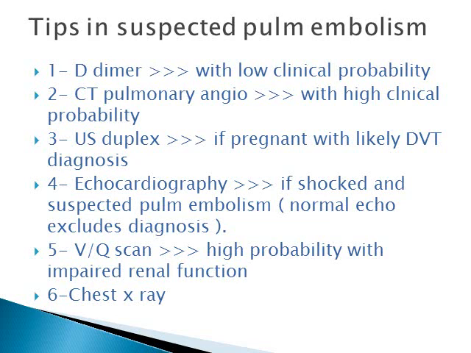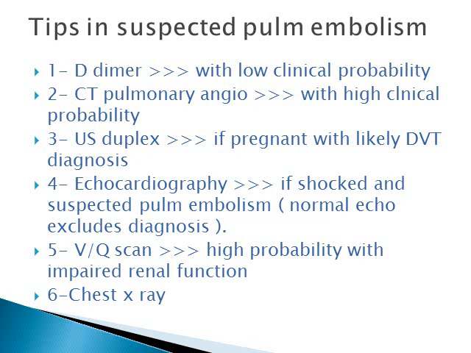D-dimer usually is recommended if the patient has a low clinical probability. So for example, if a patient presents with dyspnea and chest pain, and there is a likelihood for pulmonary embolism, however there are no risk factors at all and no criteria suggestive of pulmonary embolism, in this case you may request a D-dimer.